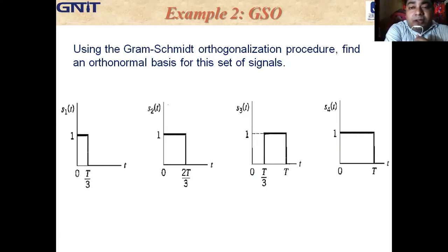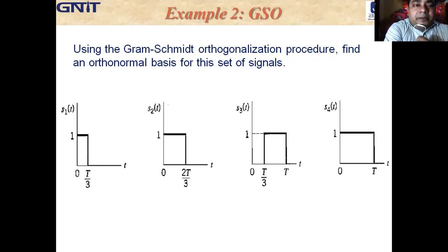So all four signals have an amplitude of 1 unit. The problem is to find the orthonormal basis functions from this set of signals.